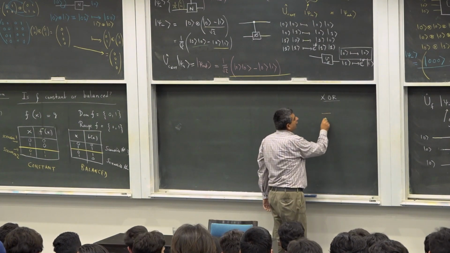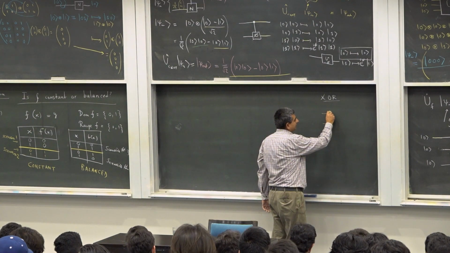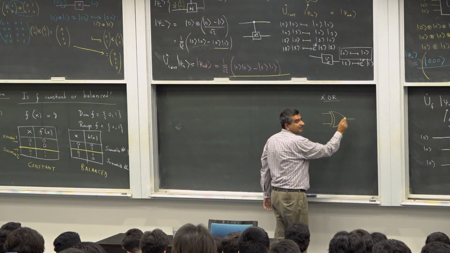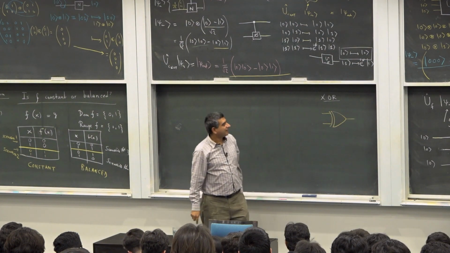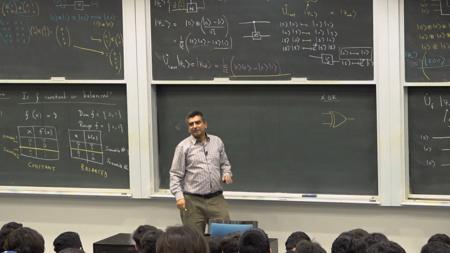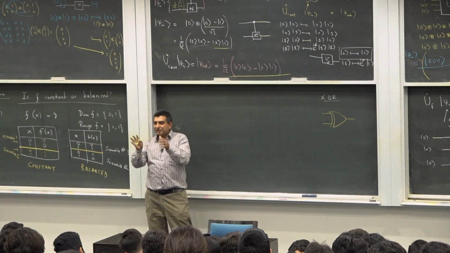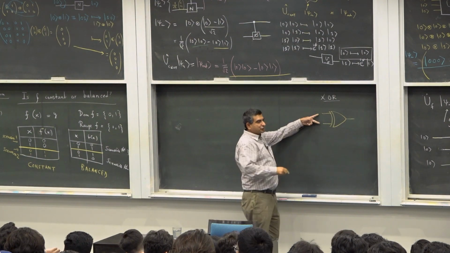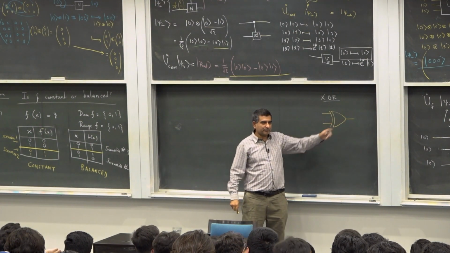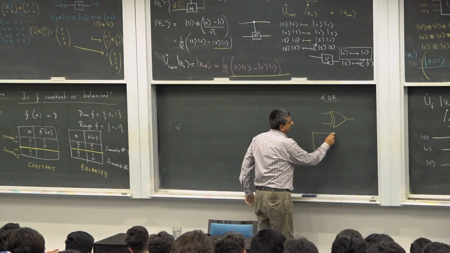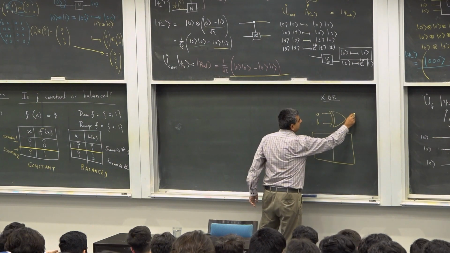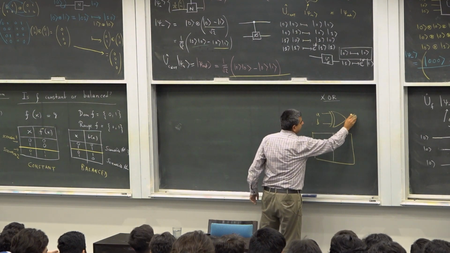In normal computers, I think this is what the symbol looks like. I've forgotten, but I think this is it. So what an exclusive OR gate does is it has two inputs, one output. So let's draw the truth table for the exclusive OR gate A, B, Y.